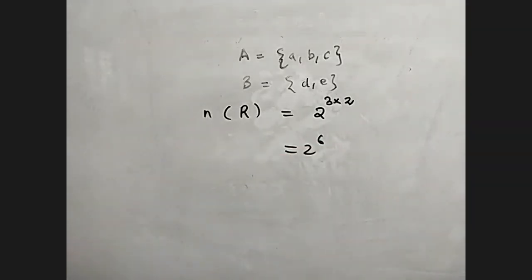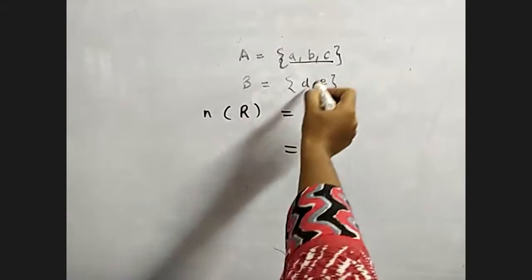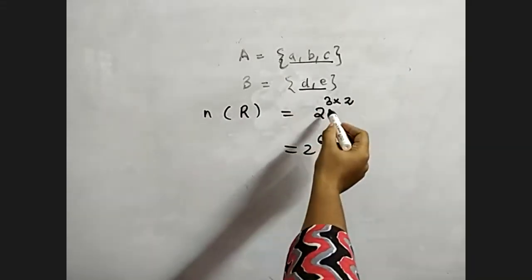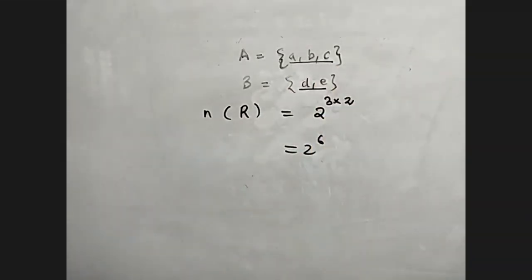Understood? That means how many elements are there in that relation? Here 3 is there, 2 is there. So 2 raised to 3 into 2. Put this in a box.